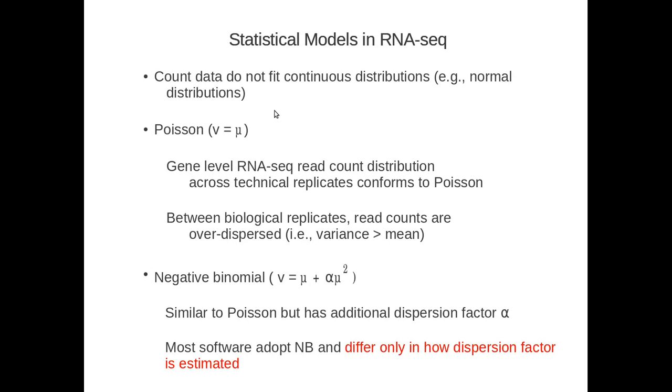Instead, researchers initially began to use the Poisson because it was thought that the Poisson would account for the variability that we observed in RNA-seq data. And it does mostly account for variation across technical replicates and within samples across genes, but the variation in read counts that we see across biological samples and across treatment conditions is what we call over-dispersed.